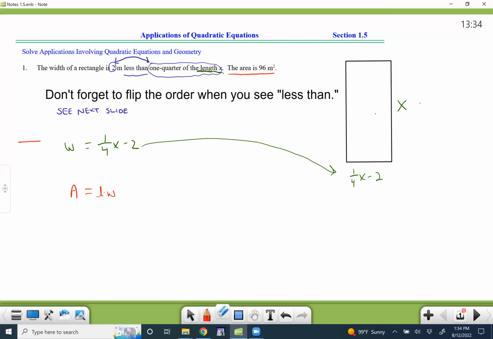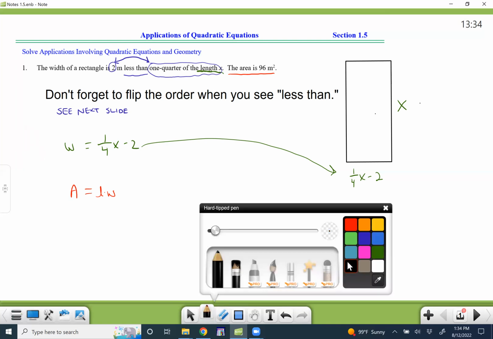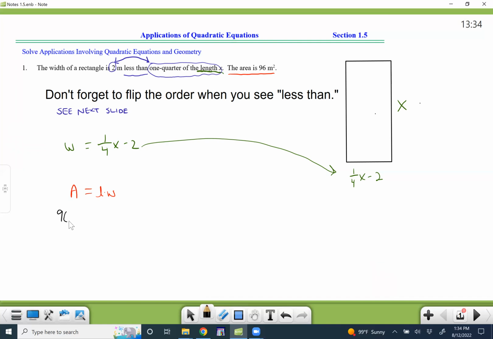So we're going to substitute in everything that we know. We know the area is 96 according to the word problem, so let's put that in there. We know the length is x, just look over at our picture. And we know that the width is 1/4 x, take away 2.